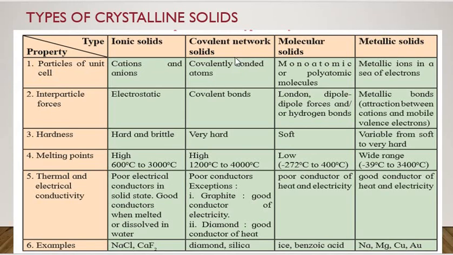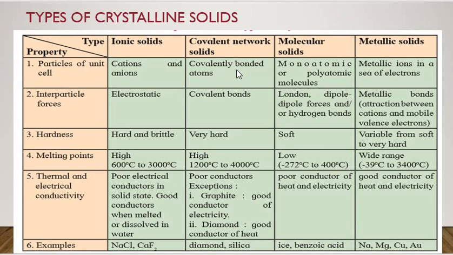Now, covalent network solids. In covalent network solids, the constituent particles are atoms, and the atoms in these crystals are linked by covalent bonds. The result is a rigid three-dimensional network, forming a crystal that is a giant molecule.